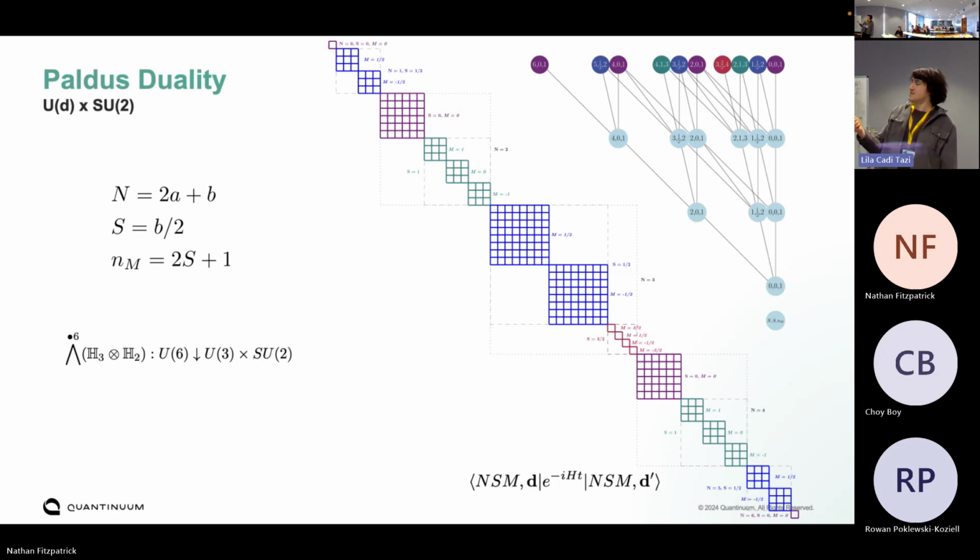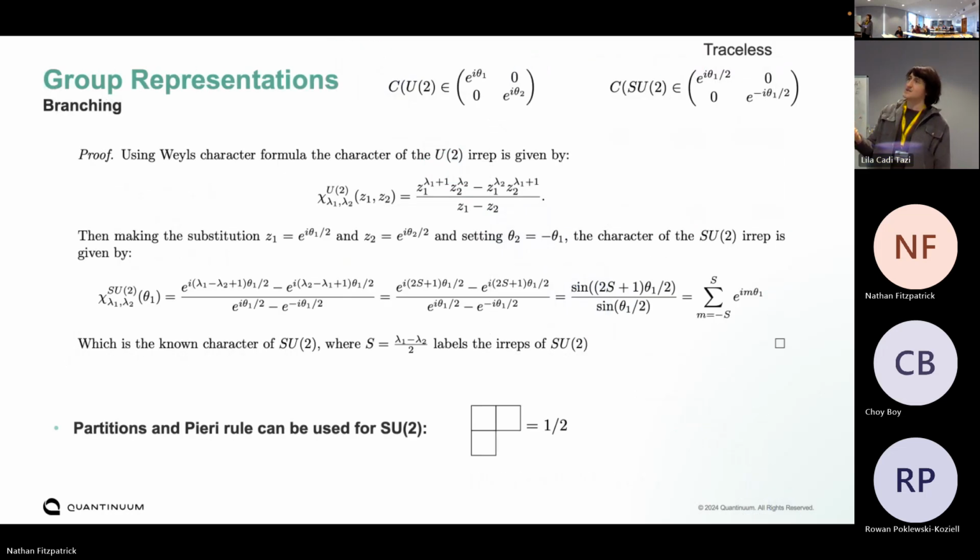Okay, so this doesn't make a huge amount of sense without an example. Let me just show this. This is basically showing why you can branch from U2 to SU2: when you take the U2 characters with that scary formula, and because you know that the representations of SU2 are traceless, this is the complex conjugate.